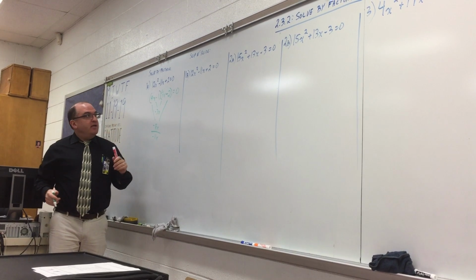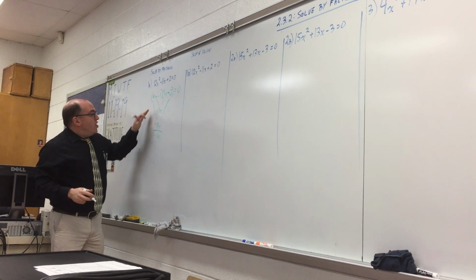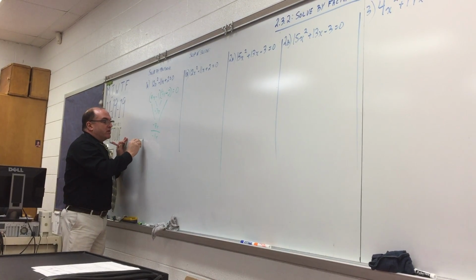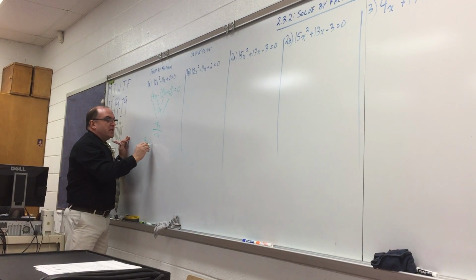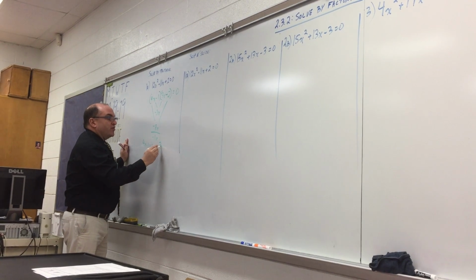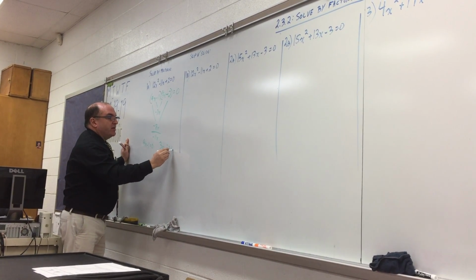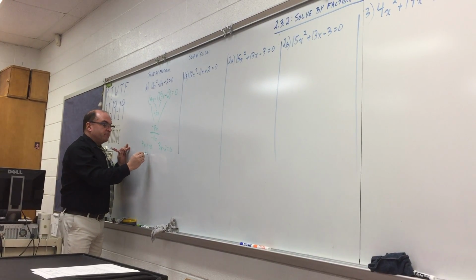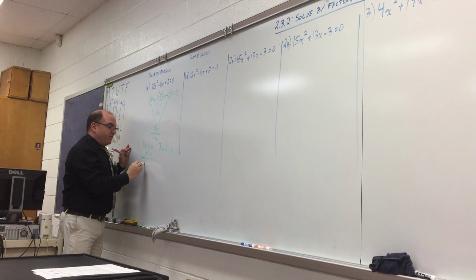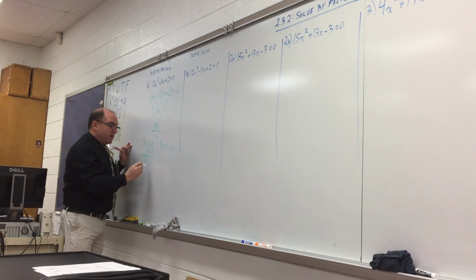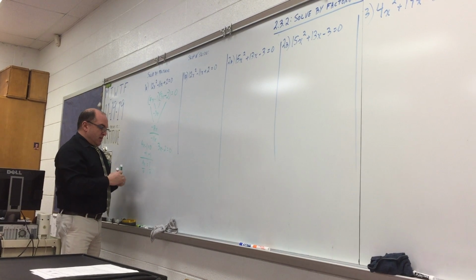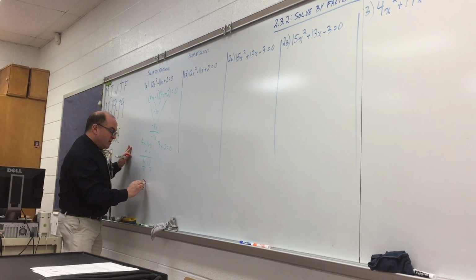So now, here's what happens after I factor. For those of you who were not here yesterday, we take both of these factors and set them equal to 0. 4x minus 1 equals 0. 3x minus 2 equals 0. And then solve for x. I'm going to add 1 to both sides and get 4x equals 1. Divide by 4, and x equals 1/4.